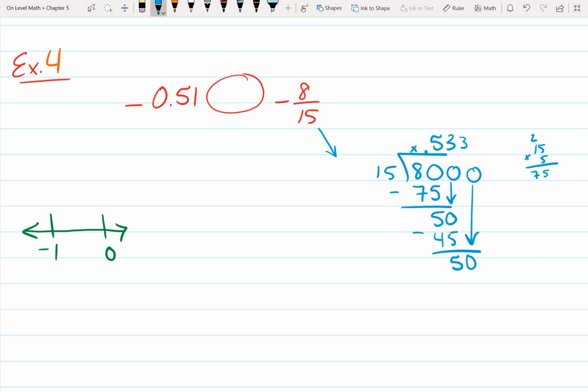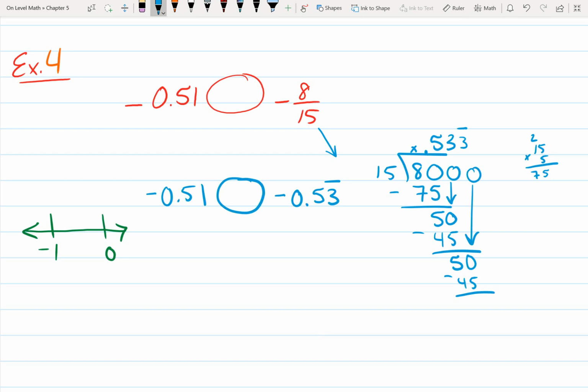Goes in 3 times to get 45. That 3 is going to start repeating. So let's rewrite this. This 8/15ths would actually be negative 0.53 with the bar over the 3 because the 3 is repeating. Alrighty, and then I bring everything else down.